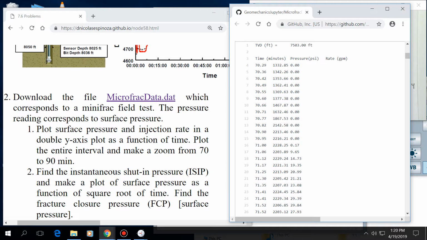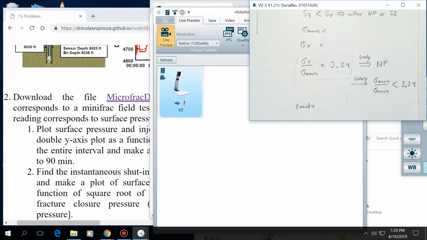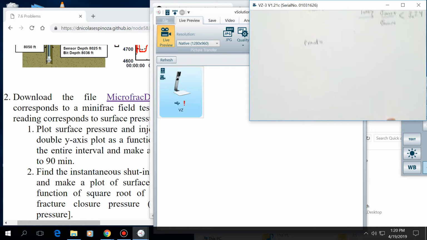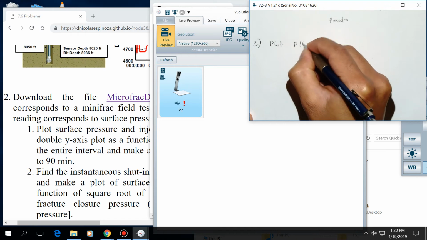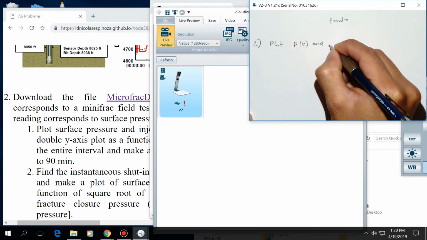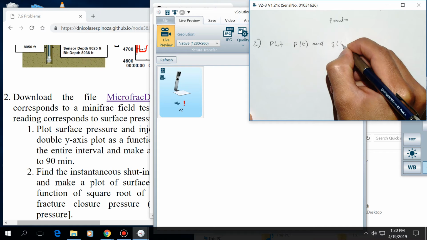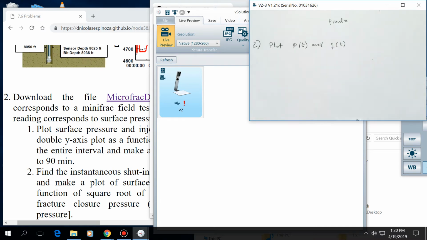Please go ahead and do that. The first thing I want you to do is to plot pressure as a function of time and injection rate as a function of time.